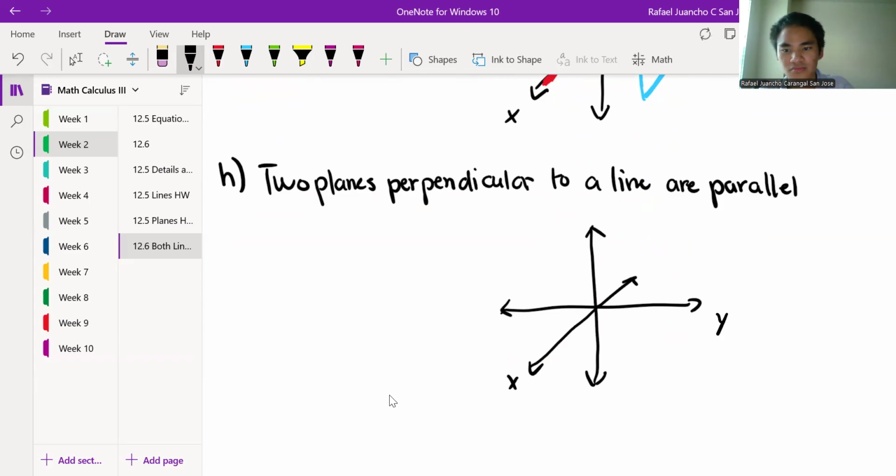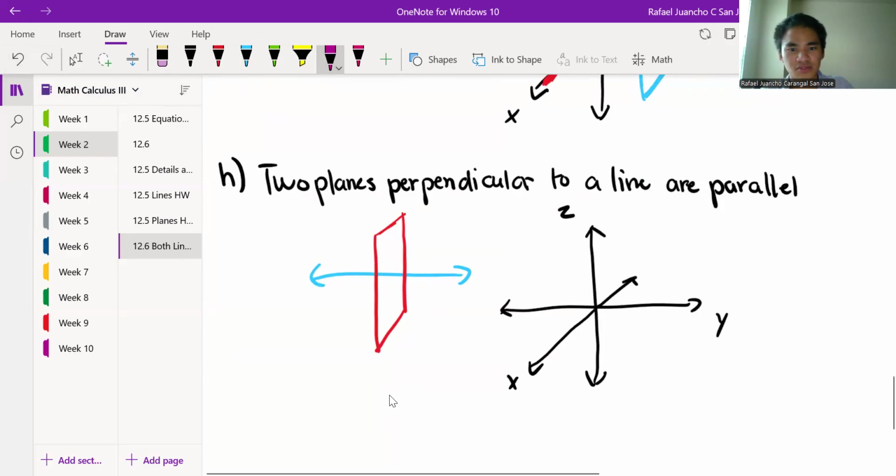We have a line, and two planes are perpendicular to that line. How can we tell, actually, without even 3D? We have a line, and then we probably have some plane that goes like this. Okay, my drawing is ugly. It's kind of slanted, like that maybe.